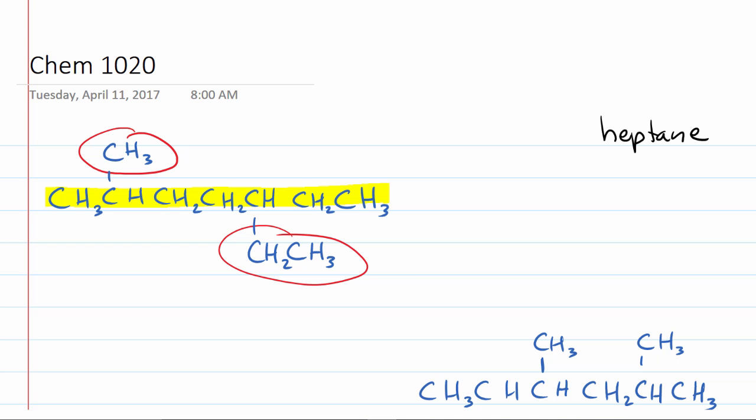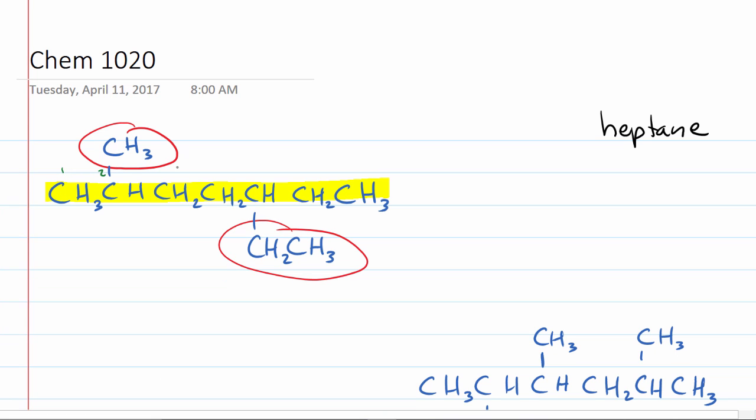So if we count then, we establish that convention where we count 1, 2, 3, 4, 5, 6, 7. Once we've established that direction, then the methyl group is attached to carbon atom number 2 in the chain, and the ethyl group is attached to carbon atom number 5 in the chain.